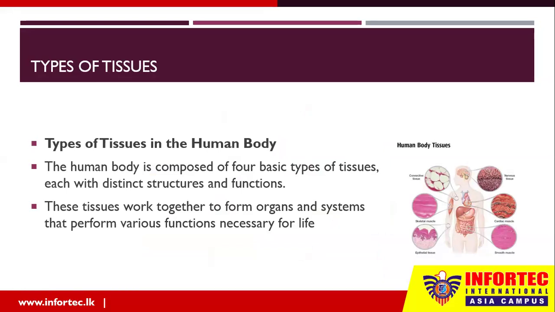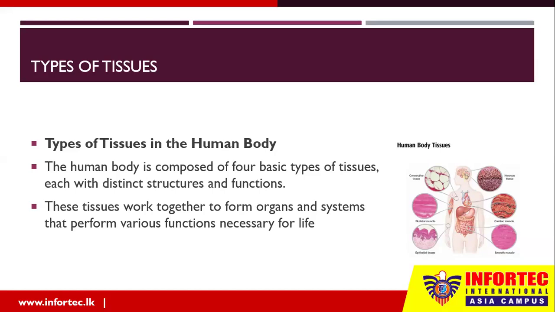So what are the tissues that we can see in a human body? We know our human body is composed of four basic types of tissues, each with distinct structures and functions, right?